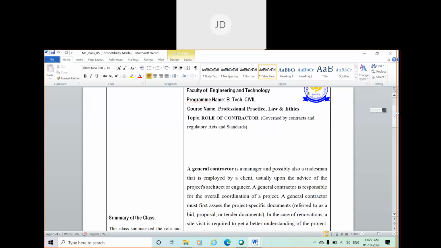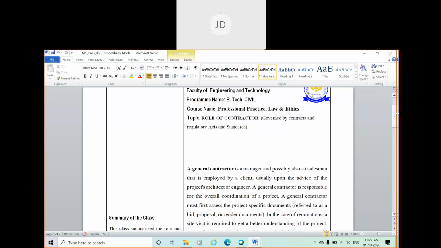Suppose you are a client and you want to construct something, say a civil engineering work, on a particular land owned by you or somebody else. Then you can hire a specialist in some particular area like construction or manufacturing or machinery. You can give the contract to a particular specialist group or agent, and they are termed as contractor.